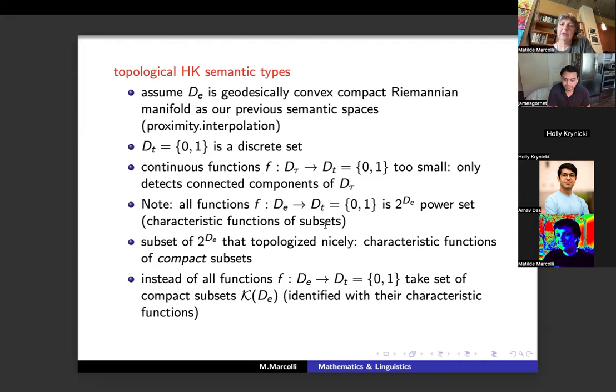This actually is a fairly nice space to consider. So a proposal for a topological version of the type of functions from D_e to t is the set of all compact subsets of D_e, which is the same as all characteristic functions of compact subsets.